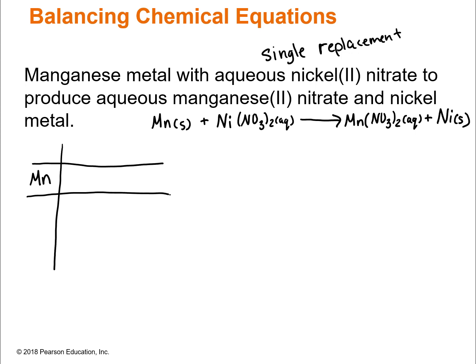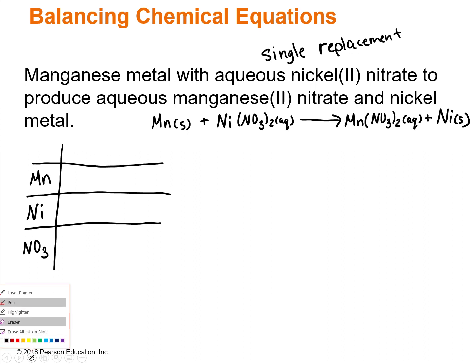We put all the elements that we have in our table. Notice that I didn't put NO3, the nitrate, as N and O. I kept it all together, and here's why. I see nitrate together on both sides of the equation.